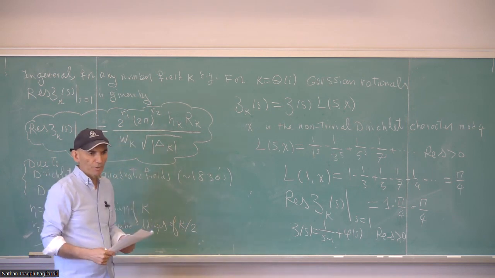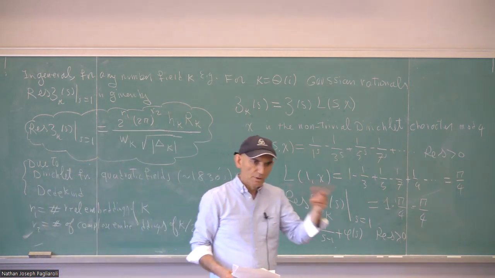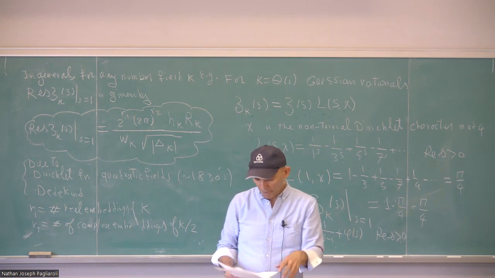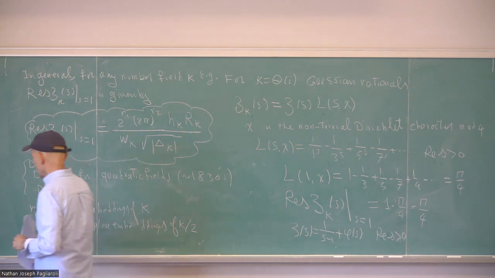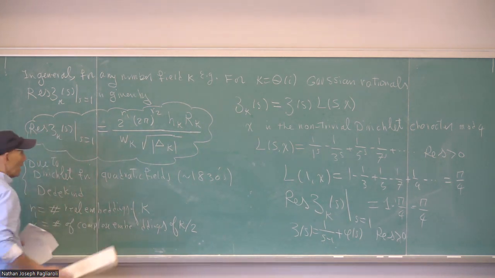So it's half of the complex embeddings because they come in pairs. So it's always an even number. You divide it by 2. And then hK is the important thing. I have to define it more carefully now.